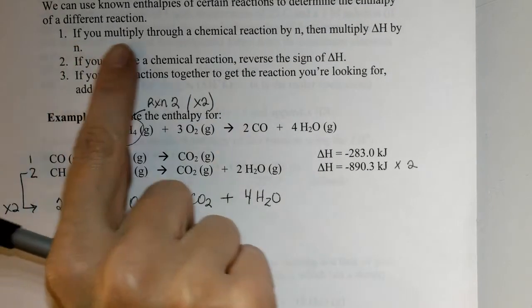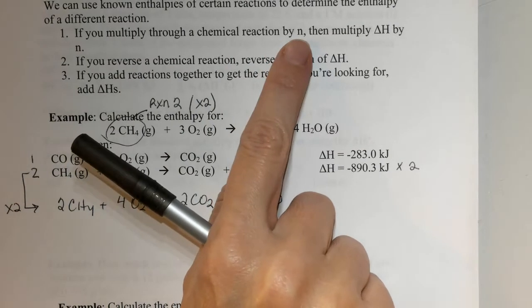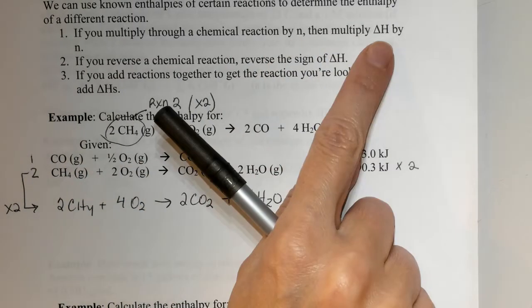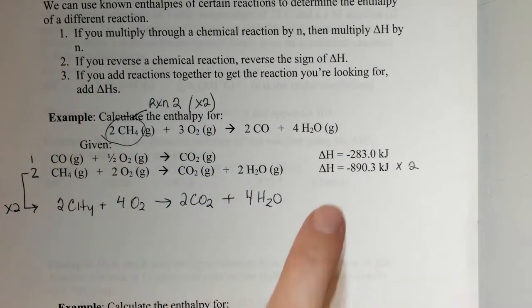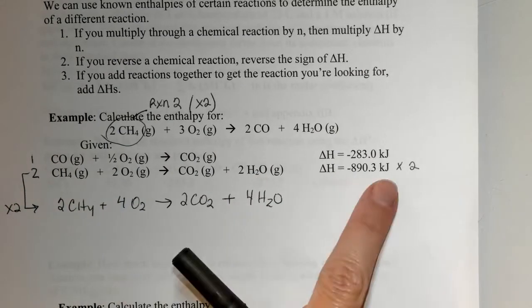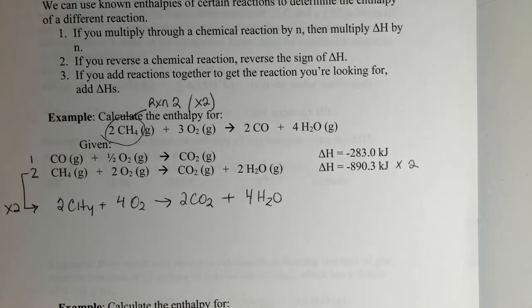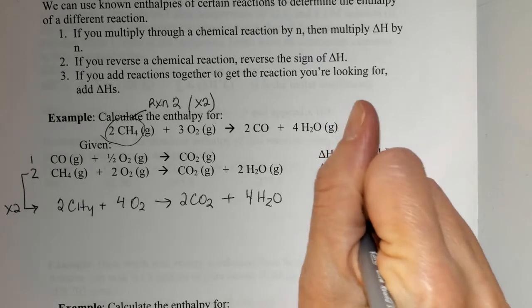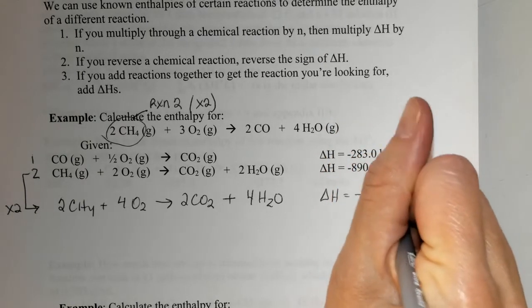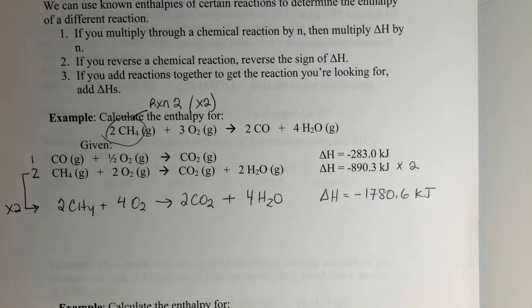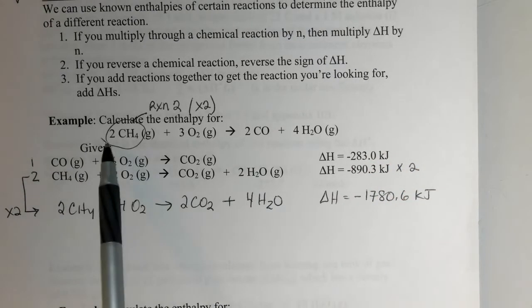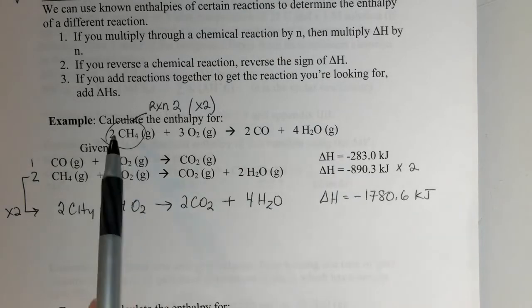If you multiply through a chemical reaction by some whole number n, then multiply delta H by n. So we multiplied through by 2, multiply delta H by 2. 890.3 times 2. This means the enthalpy of this reaction is negative 1780.6 kilojoules.